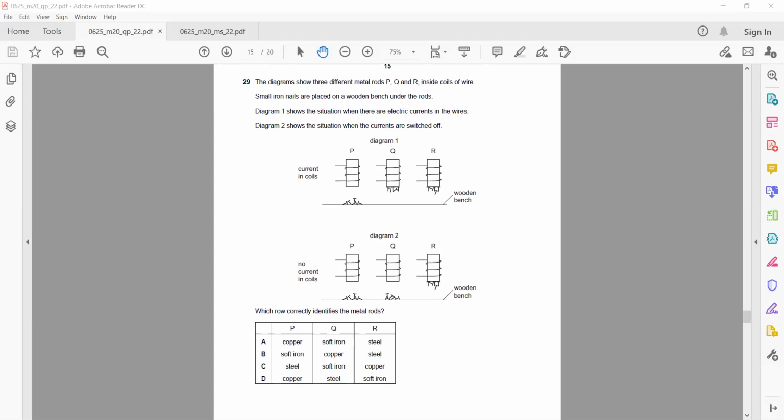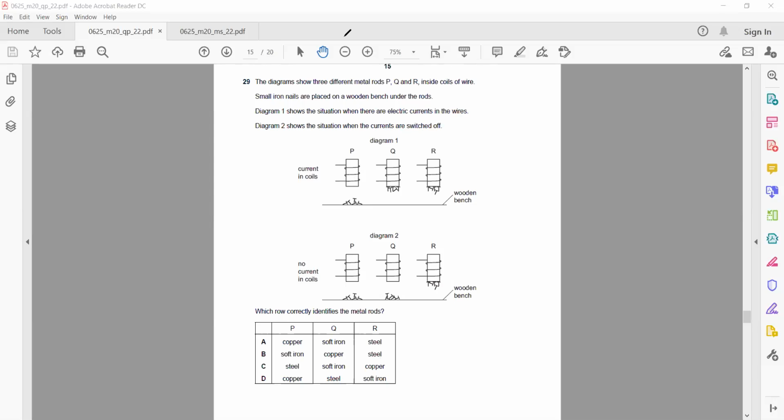Look, for the first one, when you are passing a current, and when you are not passing a current, this material does not behave like a magnet. So if the material does not behave like a magnet, it means P should be a non-magnetic material. Steel is a permanent magnet, iron is a temporary magnet.